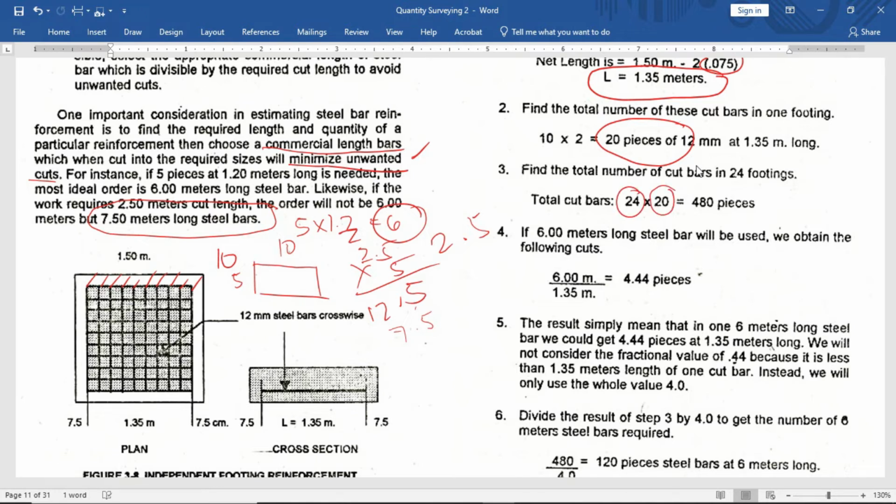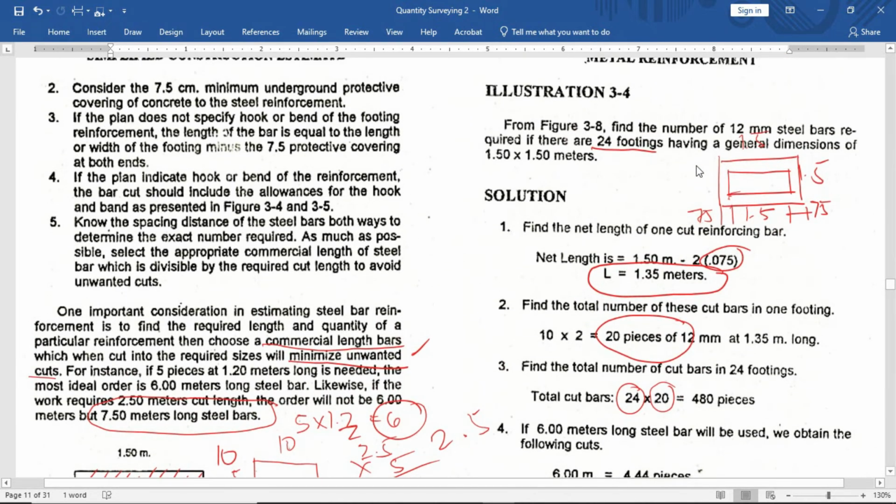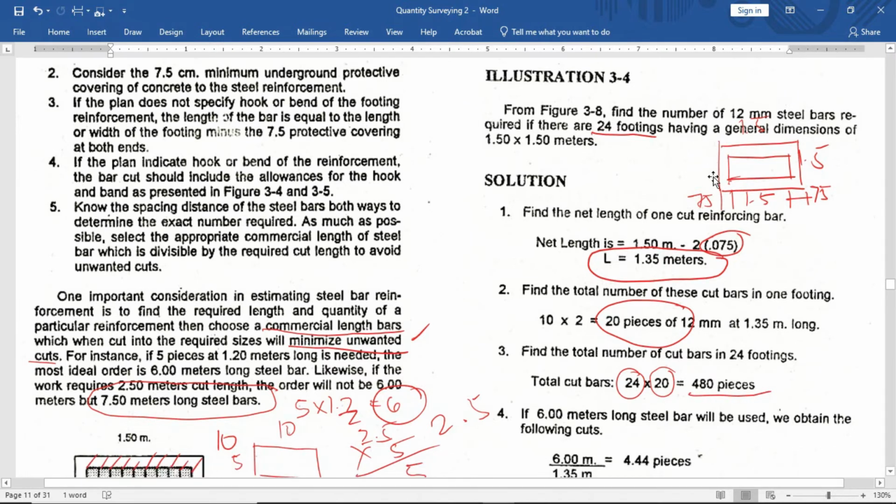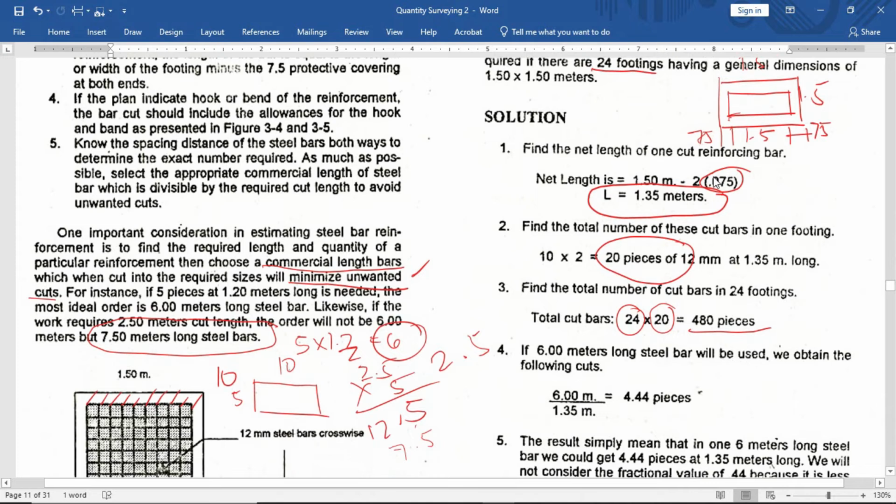Saan galing yung 24? Yung 24 is the number of footings based sa tanong. So, 24 times 20 is 480 pieces of 12 mm at 1.35 meters long na bakal.